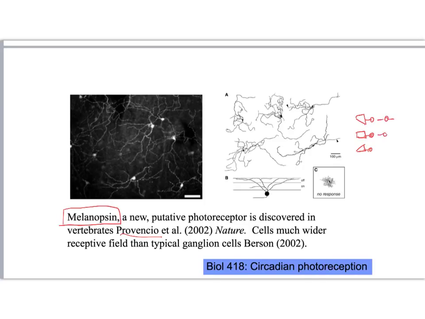It was expressed in the ganglion cells. But interestingly, it was not expressed in every single ganglion cell, but only in a tiny percent of them. So about 1 to 2% of all retinal ganglion cells in mice and rats had melanopsin, or were melanopsin positive.